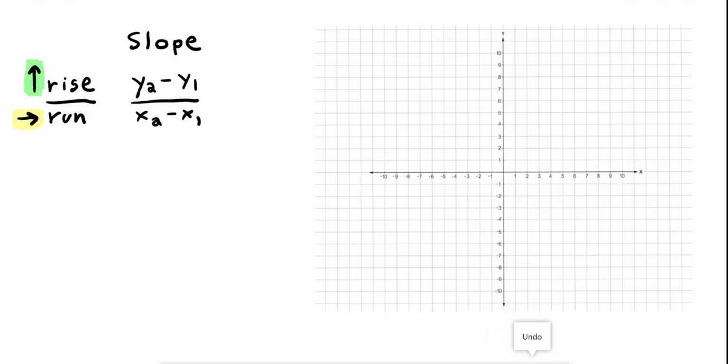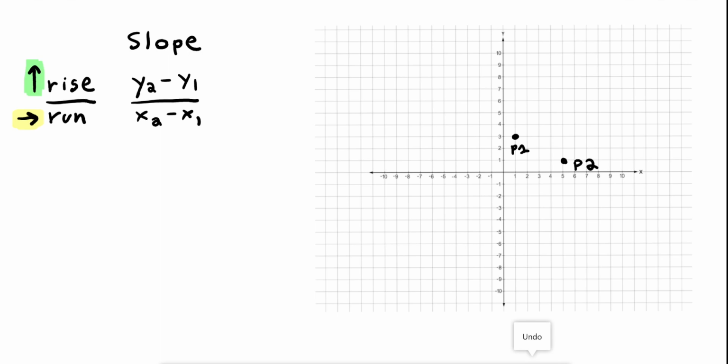So let's pretend that you have 2 points, okay? Let's say 1 point is right here and 1 point is here. You know that points on the coordinate plane can be identified by their x and y value. So this point right here, let's call it point 1. This point here, let's call it point 2.